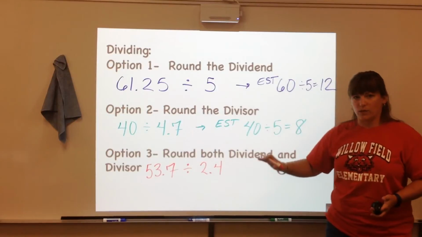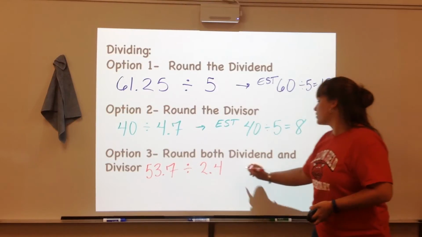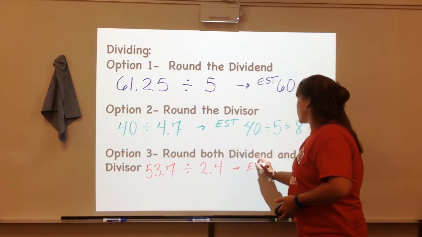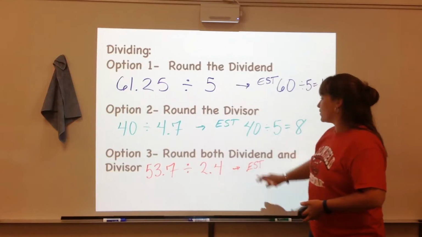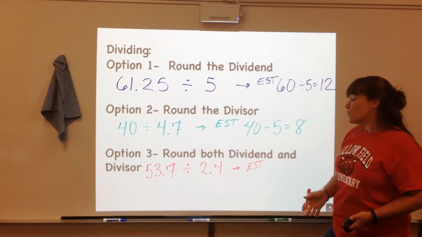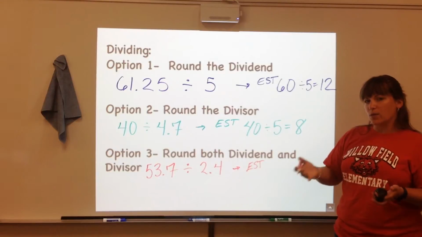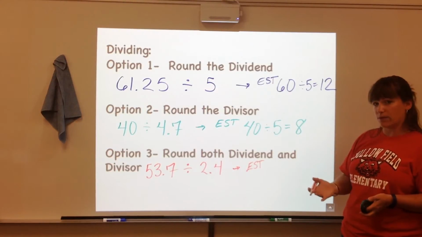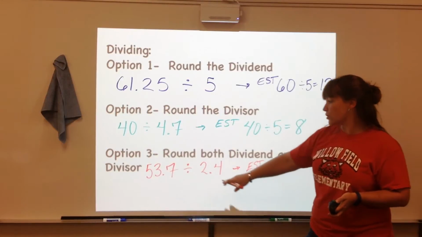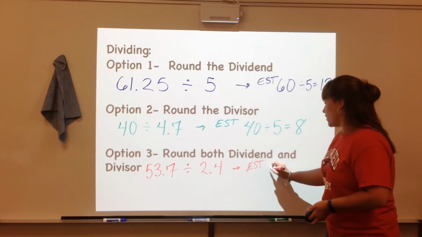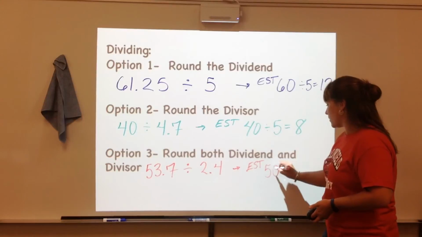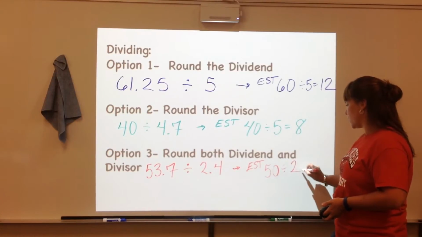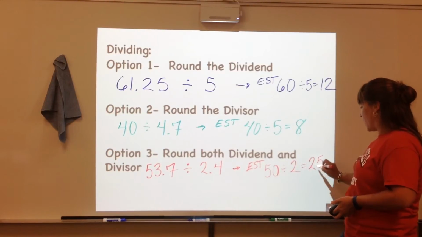So you notice decimals in both numbers. We're going to estimate. I'm just going to label that it's an estimate. That's what I've been doing all along. I'm going to look at these numbers and think which numbers work well together. I know that 50 is close to 53, and I know that 2 will work with 50. So I'm going to, based on my number sense, pick 50 and 2 to get 25.